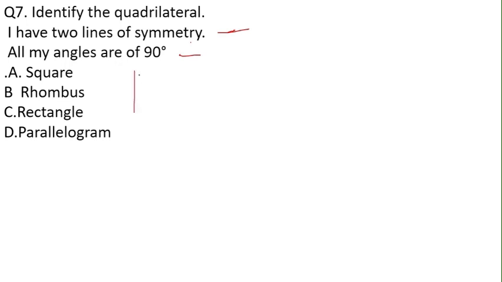Square is having 4 lines of symmetry, not 2 lines. All the sides are equal, so there are 4 symmetrical lines in case of square.